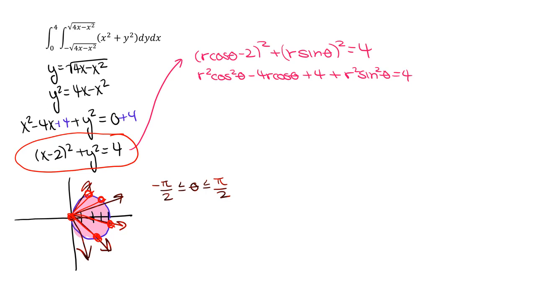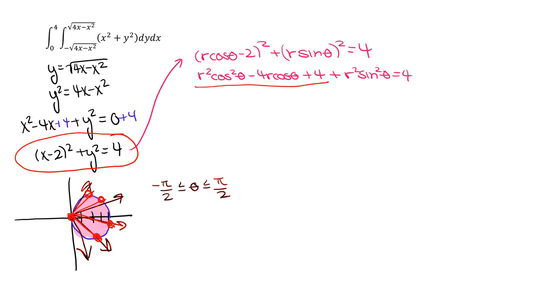And so there's probably a faster way to do this. Well, there definitely is. I don't know why I did it this way, but I was just looking at the circle I had written, and I replaced the x with r cosine theta and the y with r sine theta. And then I just went ahead and simplified that. I had to FOIL out the (r cosine theta minus 2) squared.